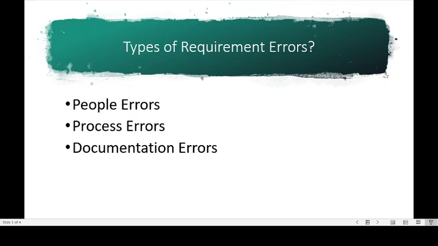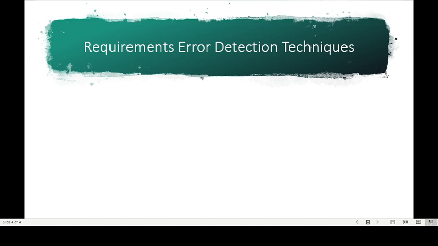Now let's take a brief look at what kind of requirement error detection techniques we can use to detect the people, process, and documentation errors. The first one is the checklist based reading. In this technique, the reviewer gets a checklist of general questions with yes or no options.